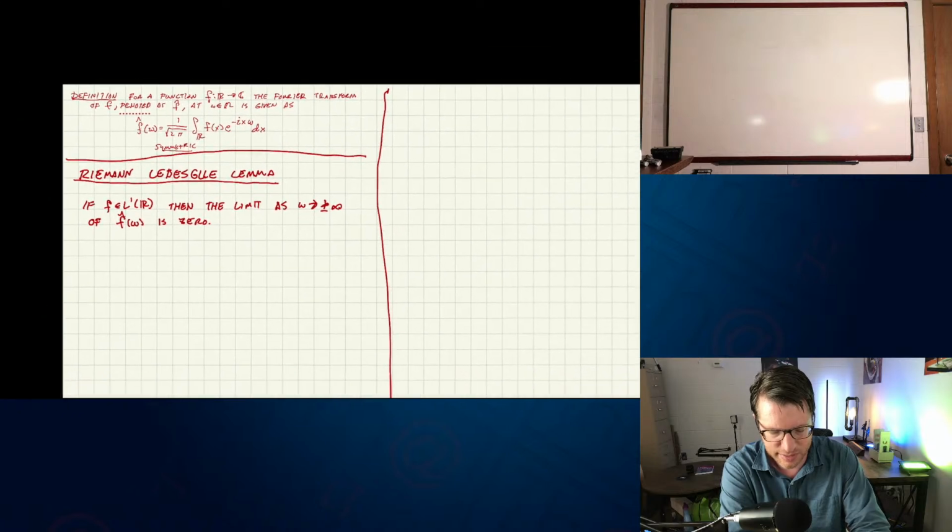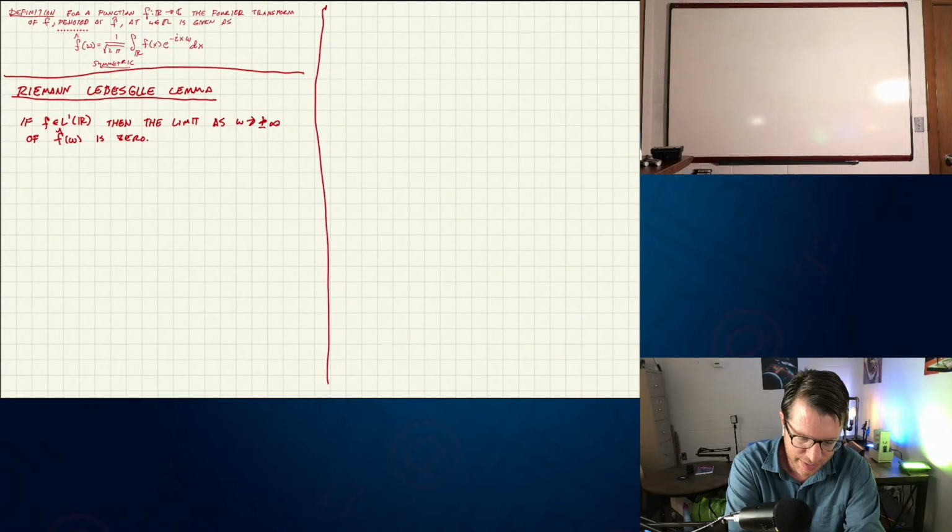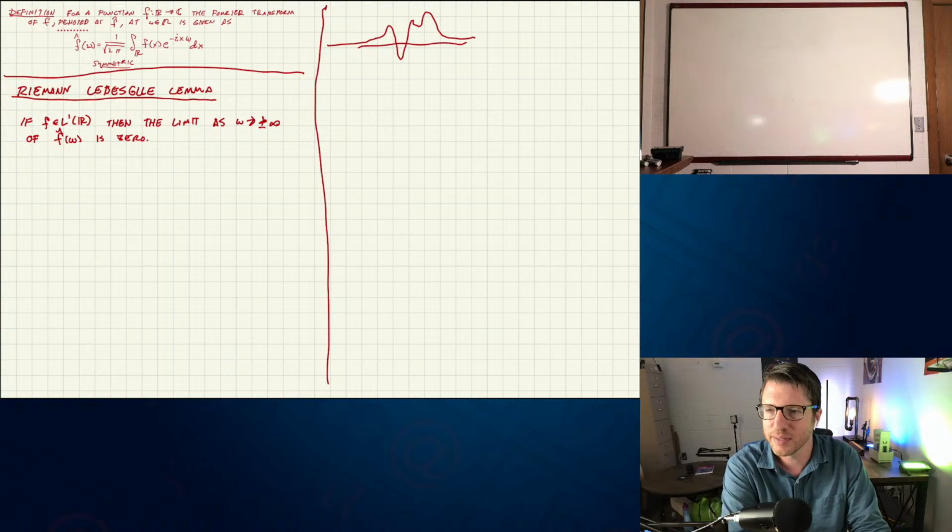So it says, essentially, we can have any sort of function, but whatever our Fourier transform does, it eventually has to decay.